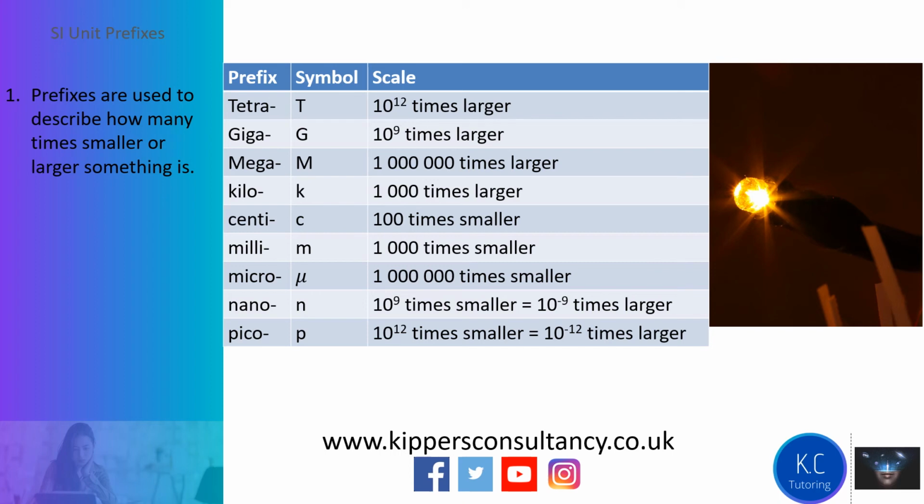We also use prefixes to the SI unit symbols to indicate how many times bigger or smaller the quantity is. For example, let's take the LED here and let's say it has a current of 20 milliamps. What does that mean?